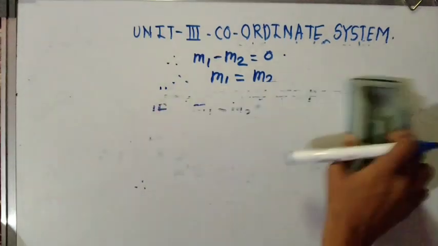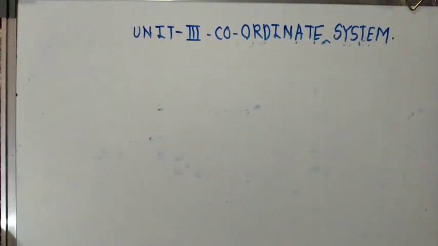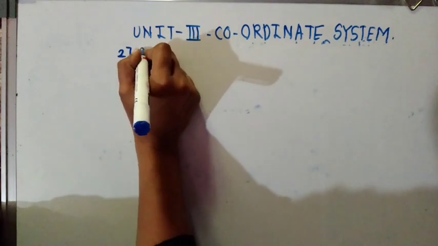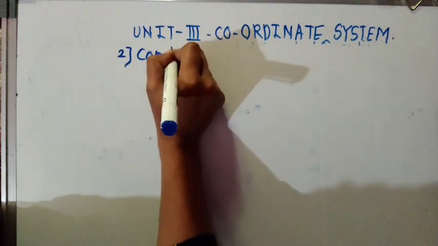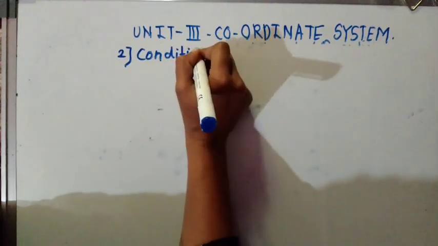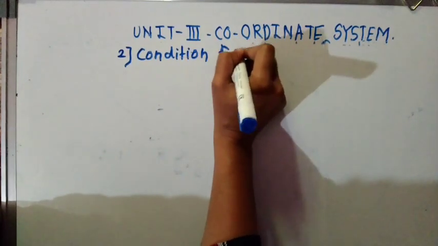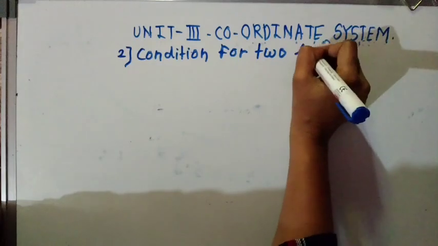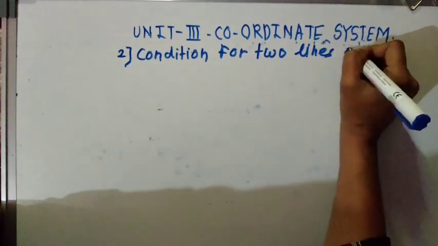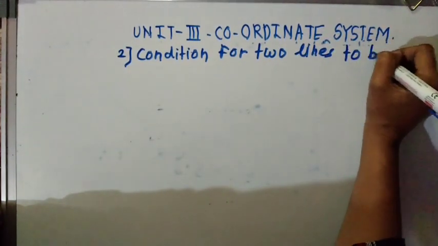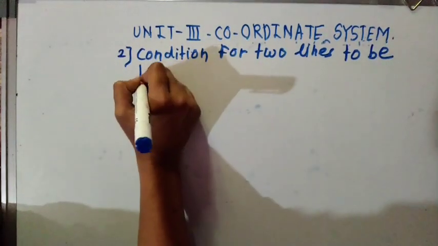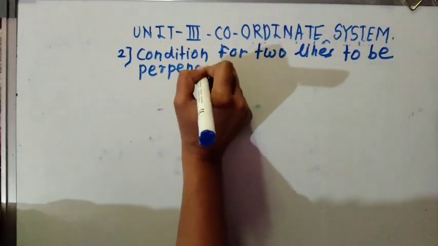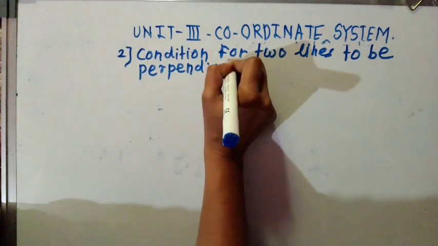Then we give the second condition, for perpendicular lines. The second condition for two lines to be perpendicular.